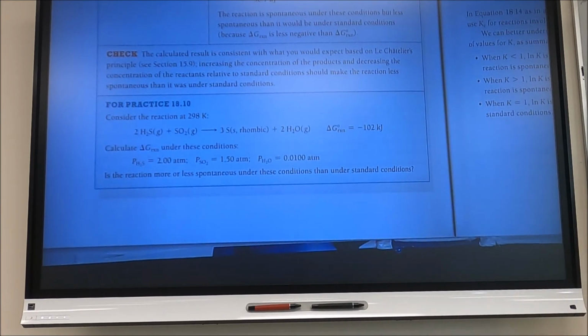And we're told that delta G0 is minus 102 kilojoules. And we're asked for delta G.